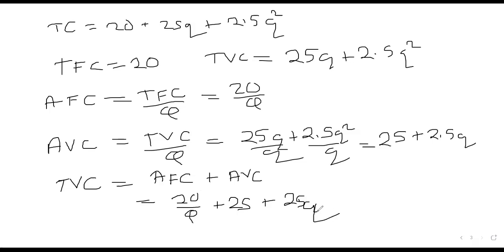Let's add the two, or alternatively, the total cost we divide by quantity. We get the average total cost. This is the average total cost.